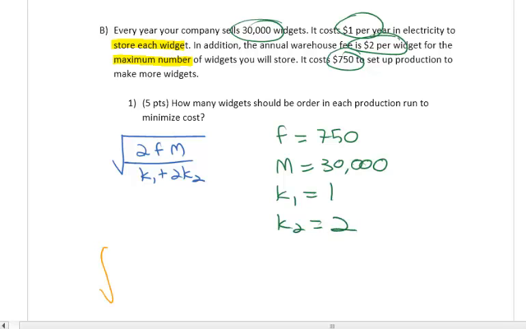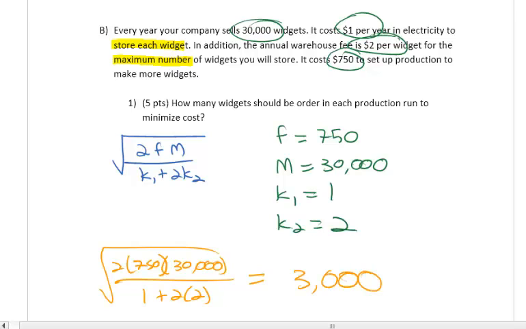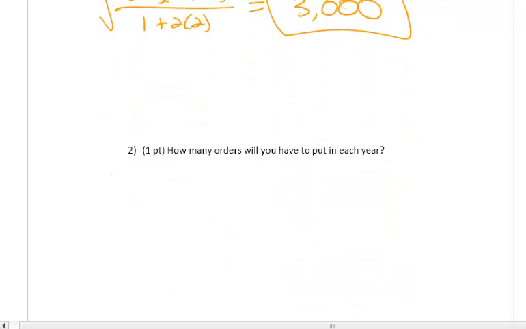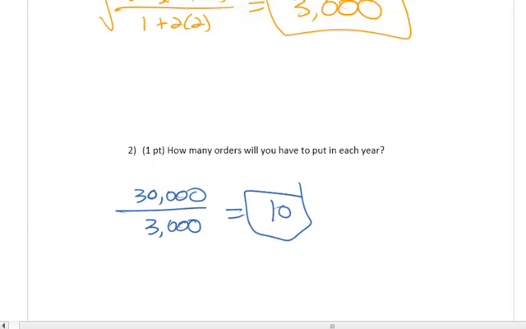So when we plug that in, we get the square root of 2 times 750 times 30,000 divided by 1 plus 2 times 2. We plug that into our calculator. We order 3,000 widgets at a time. And if there are 30,000 widgets total that need to be ordered, and we order 3,000 at a time, we need to place 10 orders per year.